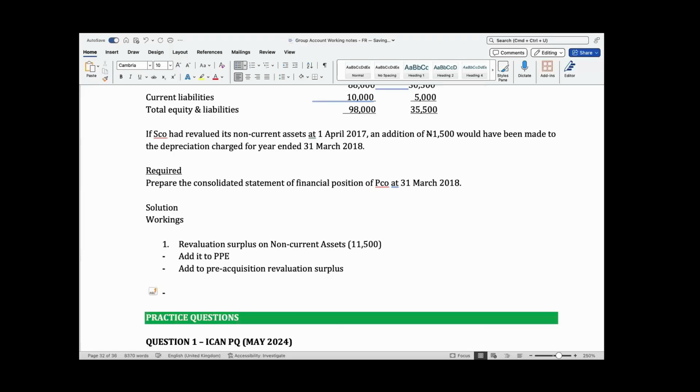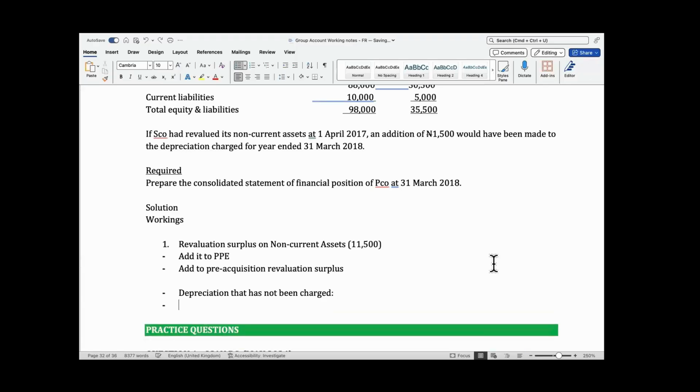And secondly, the depreciation that has not been charged. So for the depreciation that has not been charged, first, we are going to deduct from the PPE. And how much was that depreciation again? It was 1.5.